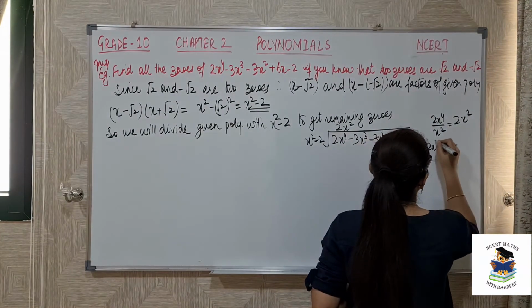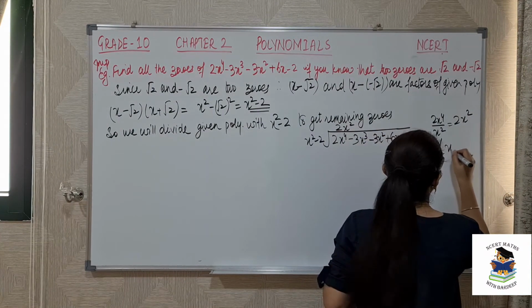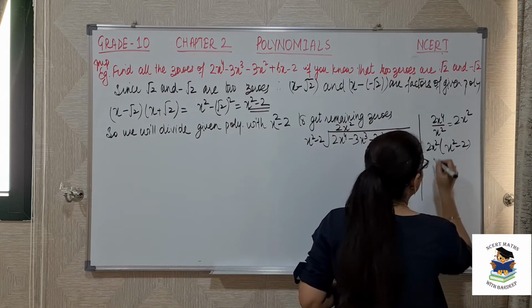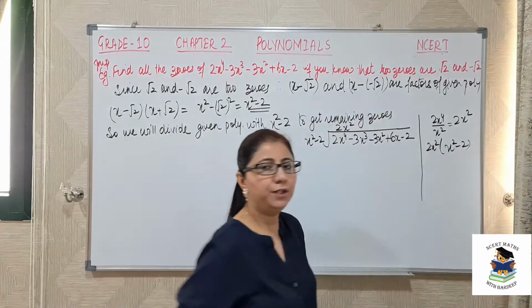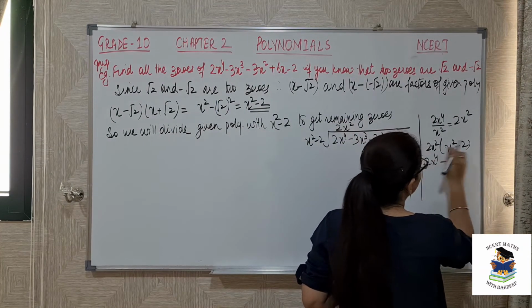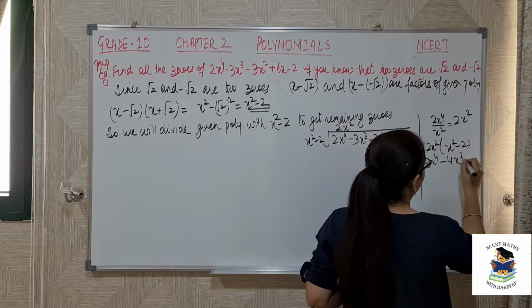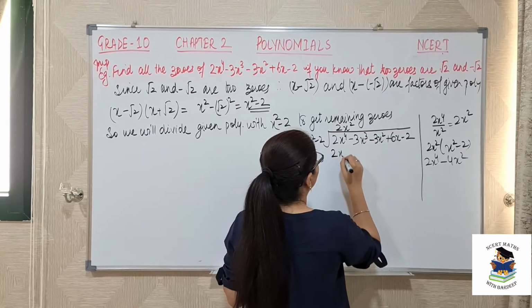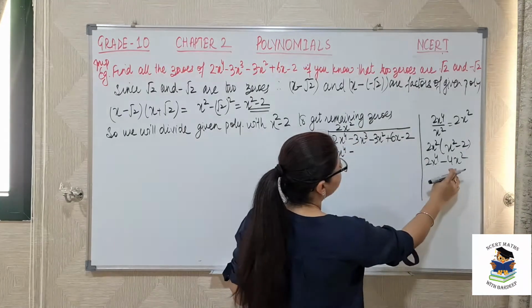So 2x square should be multiplied with x square minus 2. This will be 2x square into x square, so we will get 2x^4 minus 2 into 2 is 4x square. Correct?